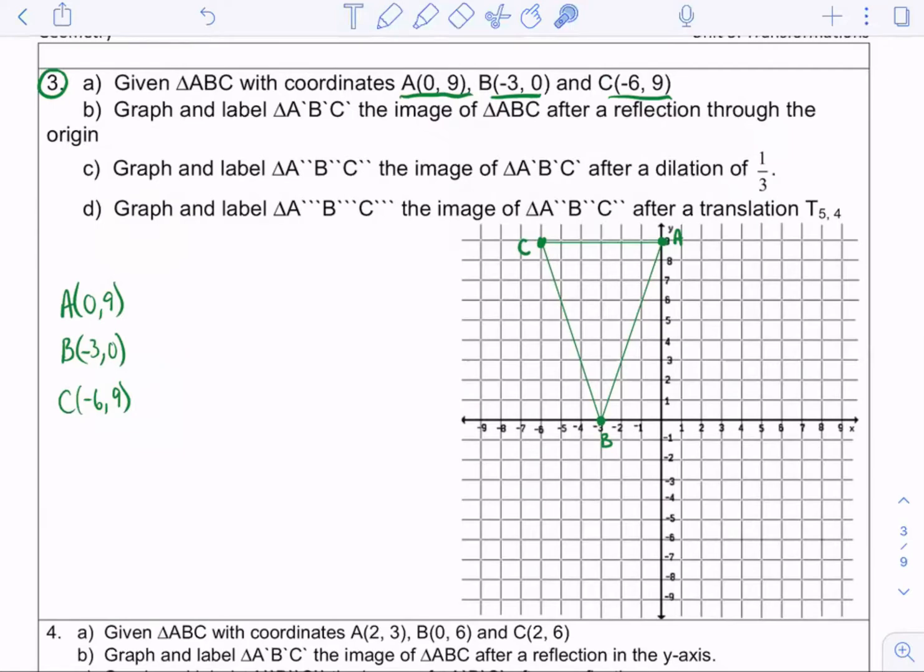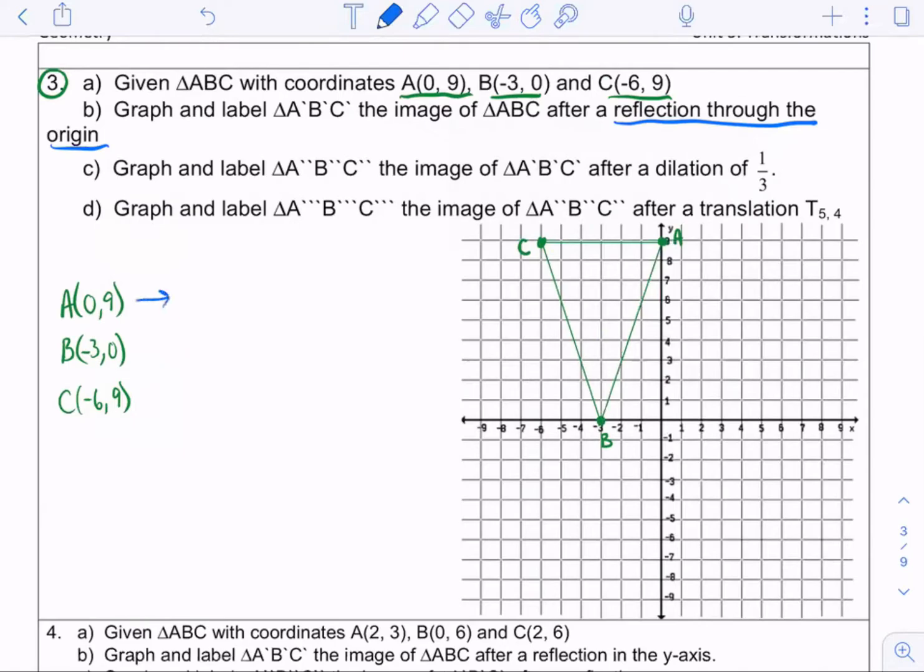Now it says, graph and label. So this is not written, notice, in the notation. It's step A, B, C, and D. So it says, graph and label the prime, which is the image of ABC after a reflection through the origin. So a reflection through the origin means every point is going to go through the origin and end up on the other side. So I can already tell where the points are going to end up.